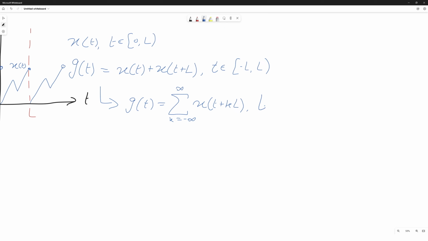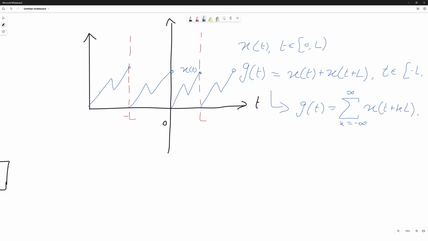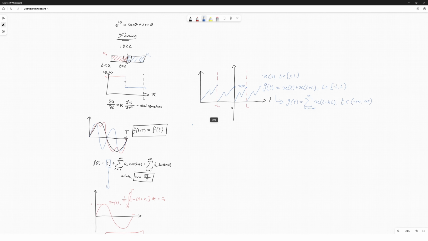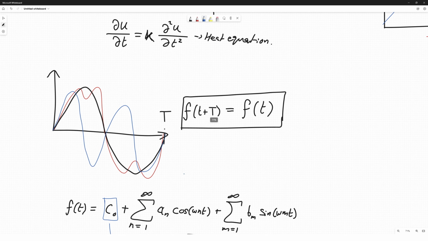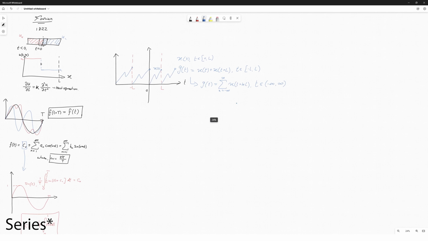And now we have a periodic function defined on the entire number line, just as with the condition we had before for our Fourier transform.